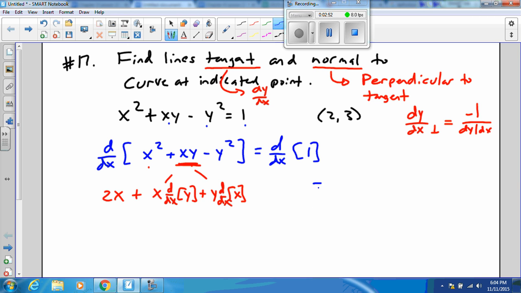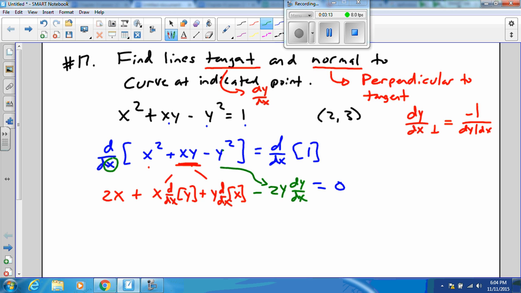And then finally, our third term is simply going to give us the derivative of y squared with respect to x, which is 2y times dy/dx.